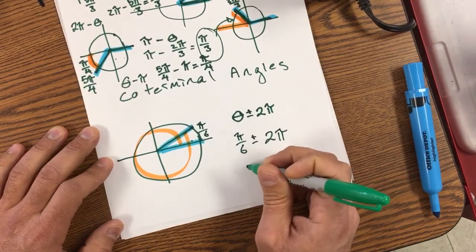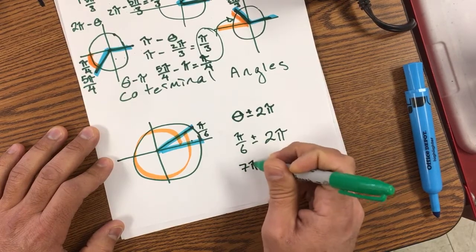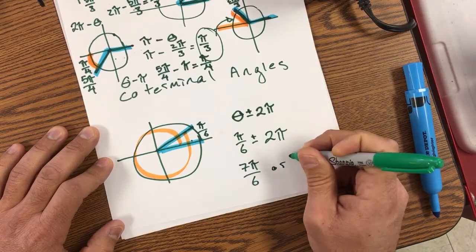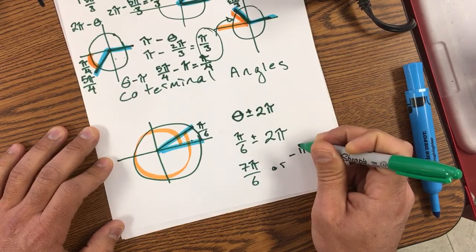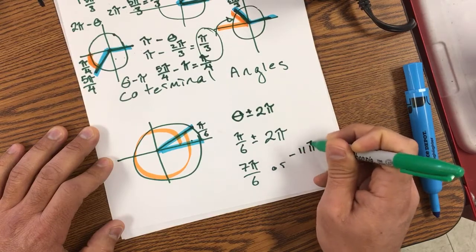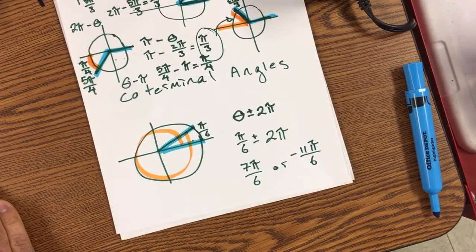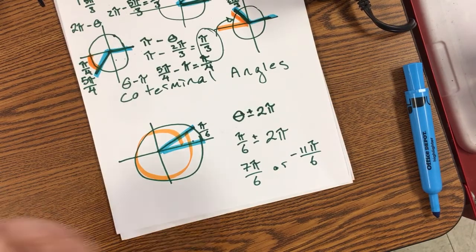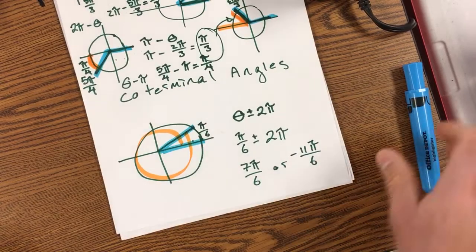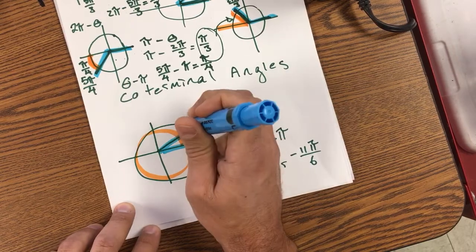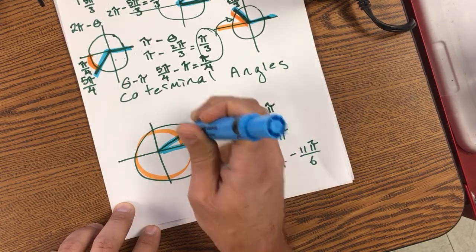So it's going to be 7 pi over 6 or negative 11 pi over 6. And the reason it's that is I can go either way. So I can go all the way around this way, or I can go around this way.